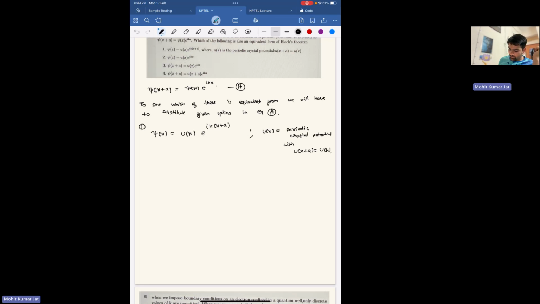Let's substitute this. If I replace psi of x plus a, then it is u of x plus a times e to the power i k times x plus 2a. So this is my equation number 2.